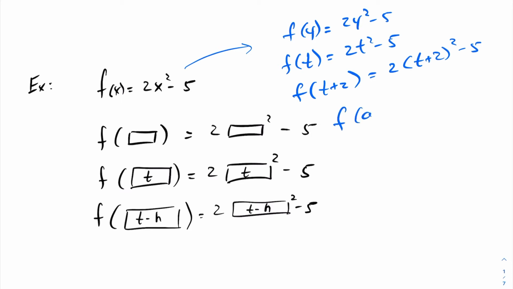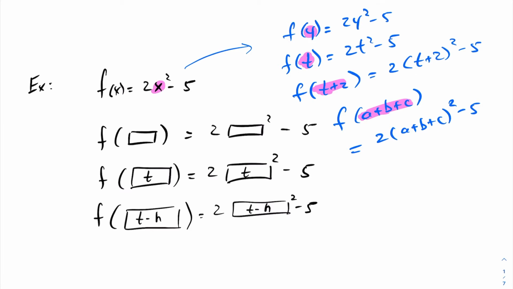If someone asks you what is f at a plus b plus c, again, that's going to be 2 times a plus b plus c quantity squared minus 5. And the idea behind this, again, is that the x value is a placeholder for, in this case, y, t plus 2, or a plus b plus c.